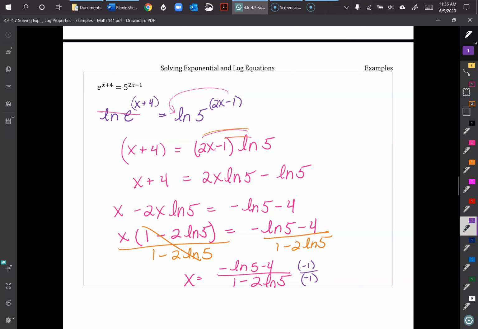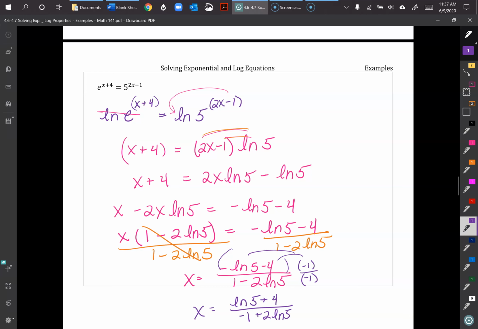Have to do top and bottom because I don't want to break any math rules there. And then if I distribute that through, I would get ln 5 plus 4, right? Because you have to distribute. And then on the bottom, I would get a negative 1 plus 2 ln 5.